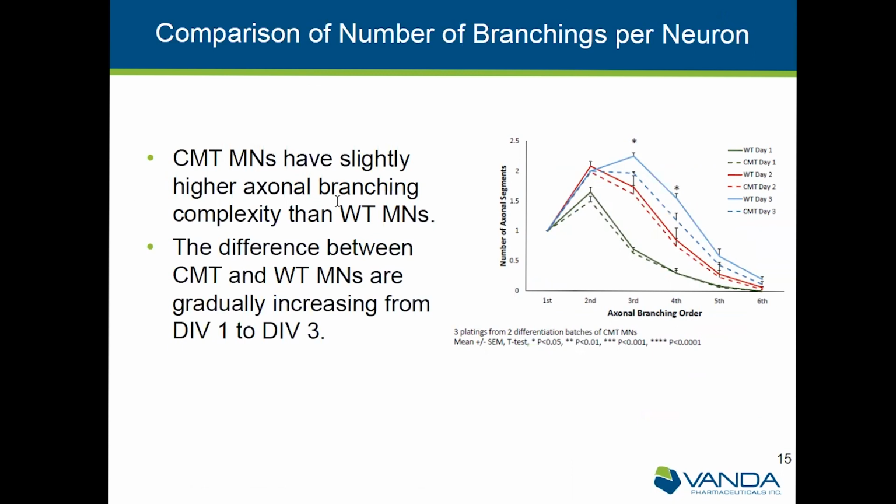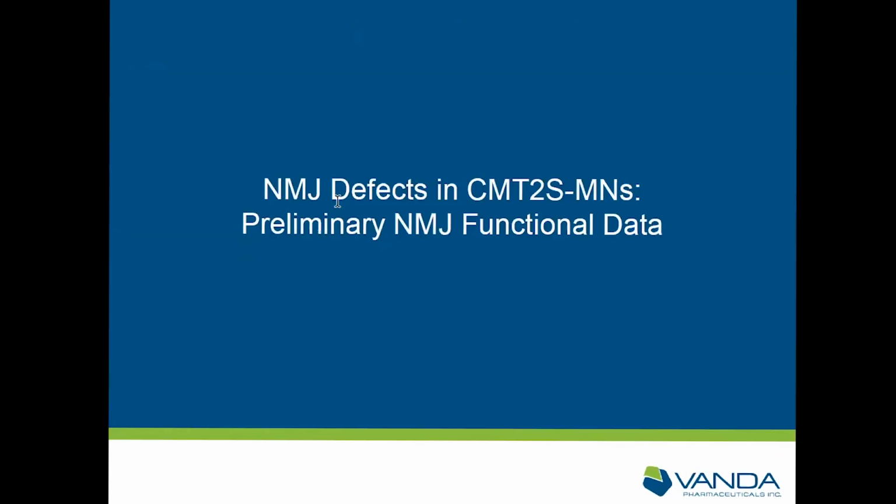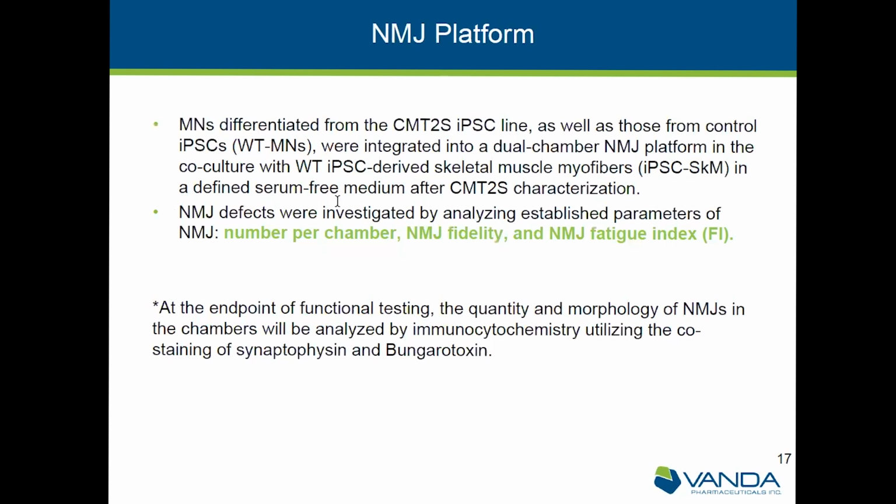They have slightly higher axonal branching. The difference in Charcot-Marie-Tooth type 2S is gradually increasing across time, as you can see on the panel on the right. We also have preliminary NMJ functional data. We were looking at the number per chamber, NMJ fidelity, and NMJ fatigue index.